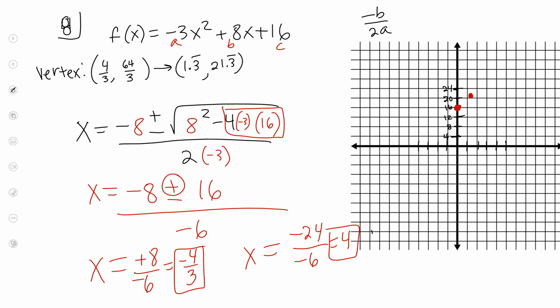So these are my two x-intercepts. So negative 4/3, this is the same thing as negative 1.3. That's about right here between negative 1 and negative 2. And then x value 4 right there. So that is how my graph would look.